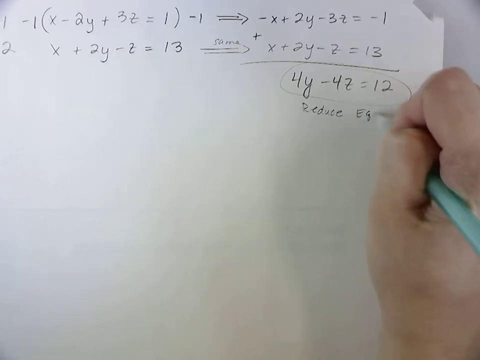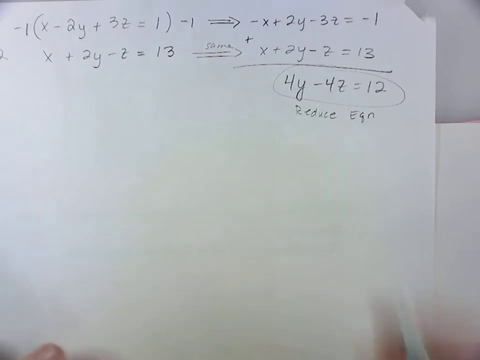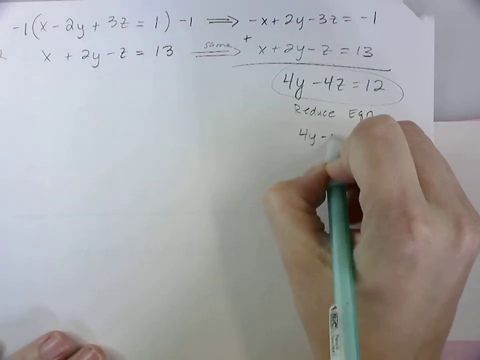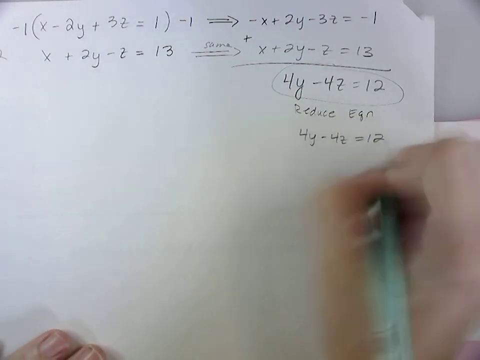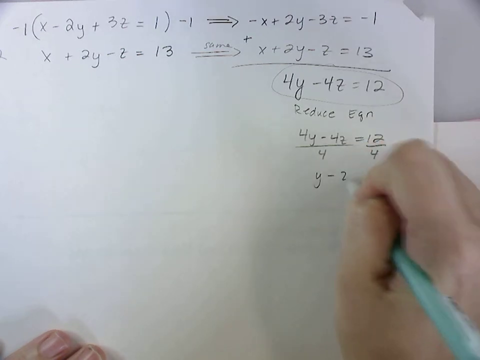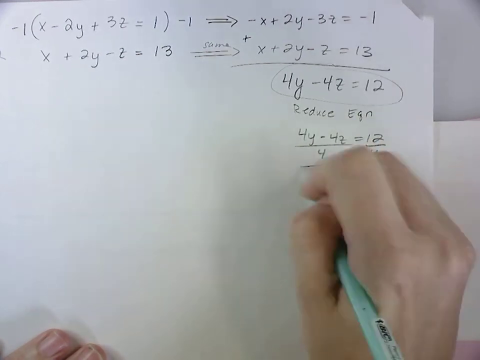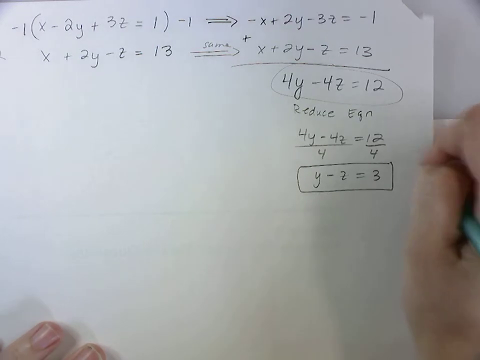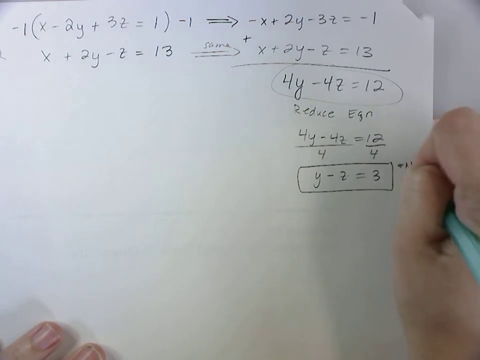Because what goes into everything? 4. So we're going to do y minus z equals 3. And really reducing it just makes it simpler for you in the long run. Okay, so now here's my equation. This is going to be my new second equation.